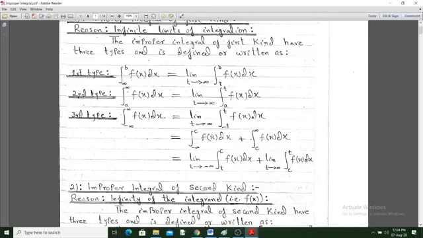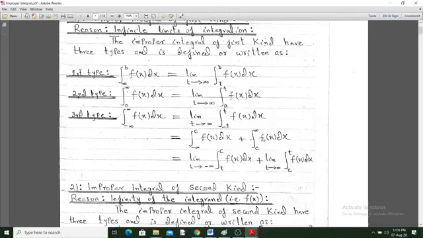The second way of solving the third type is to break this integral from minus infinity to infinity into minus infinity to c and c to infinity. Here c is any number between minus infinity and infinity. What is this first integral? This is first kind and first type, because the lower limit is minus infinity.